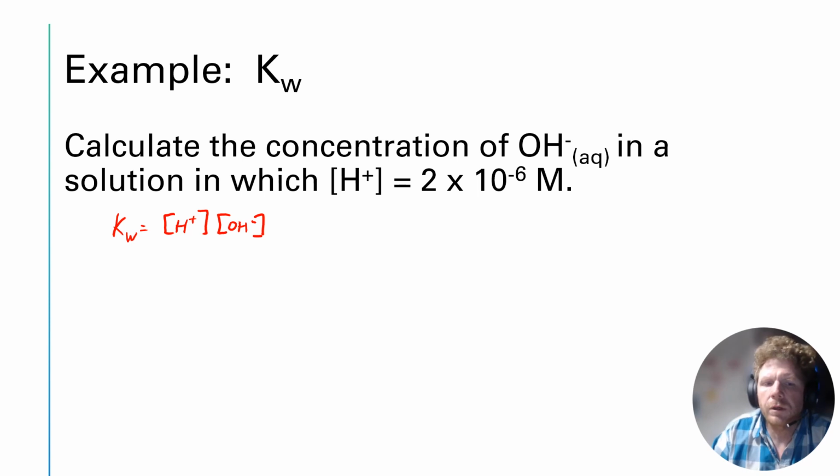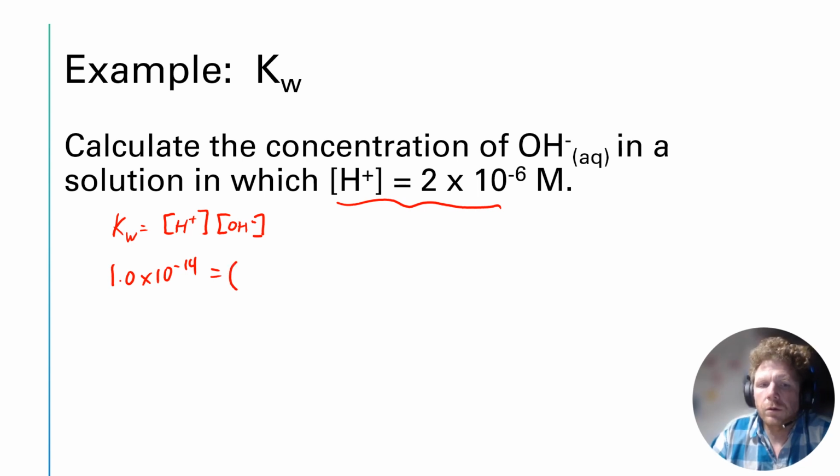Now we know that we can plug in 1.0 times 10 to the negative 14th. That is equal to my hydrogen ion concentration, 2.0 or 2 times 10 to the negative 6th, multiplied by the concentration of my hydroxide ions. Now I don't yet know my hydroxide ion concentration, and that's actually what my question is asking for.